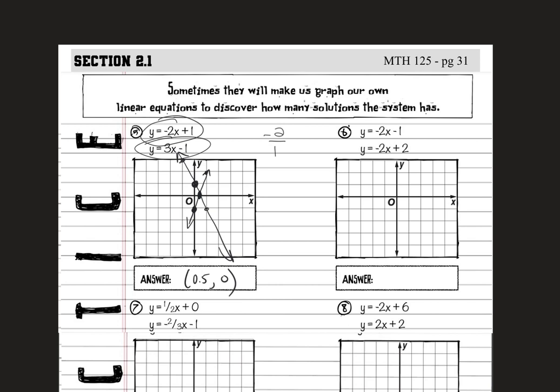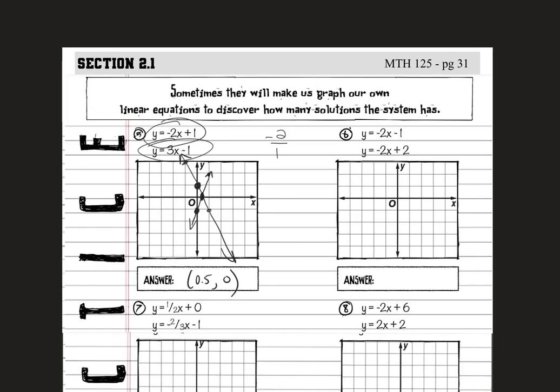This next one, for my first one, -1 is my y-intercept, and my slope is -2, so I went down 2 over 1. I rose -2 and ran +1. And then this one here, +2, and again, it's the same slope.